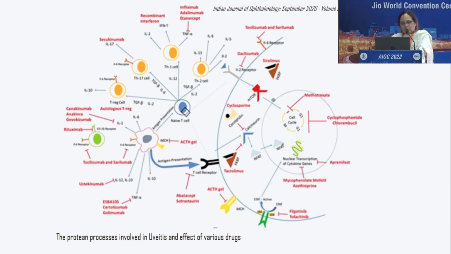There is a whole lot of chemical response or mechanisms in uveitis, and lots of cytokines which need to be targeted, and therefore many times you may have to combine therapies because a single one may not work, till the time we reach a stage where we can give personalized therapy.